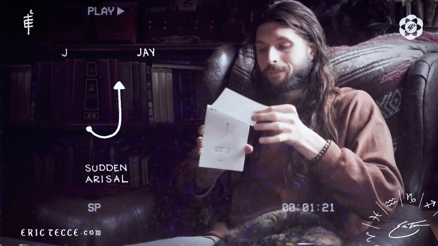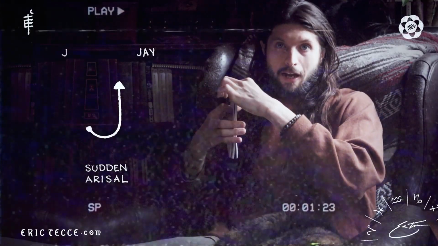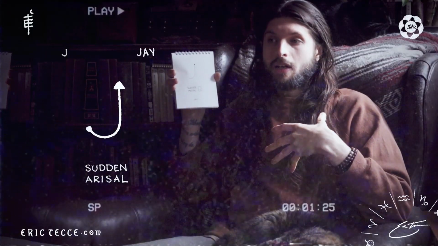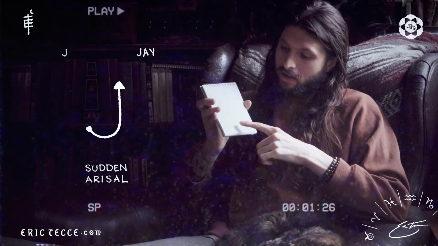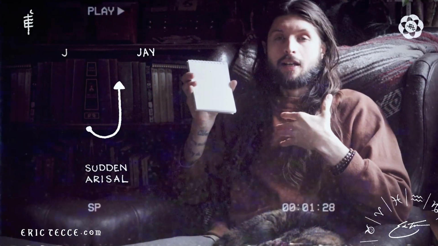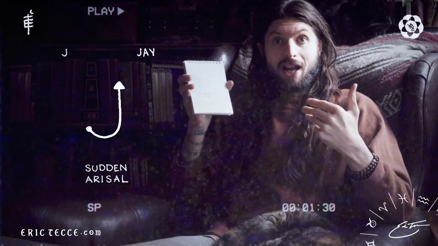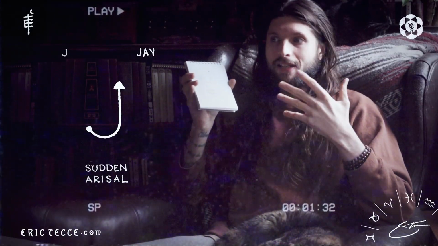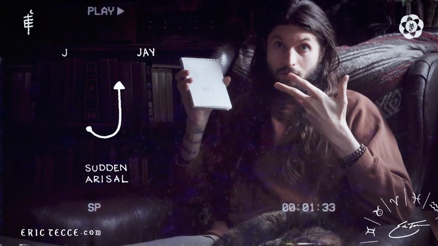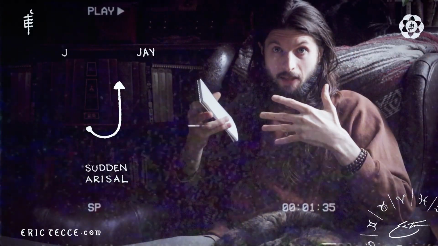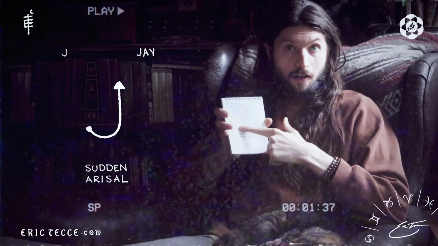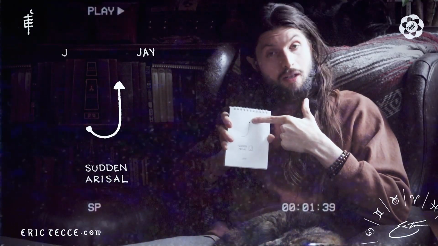So moving on with J. Now, I mentioned earlier in G, J with J-A-Y is more J-A-Y versus J-E-E. J-A-Y is sudden arisal, extent into reality. Because you see here, it's a sudden arisal into reality.